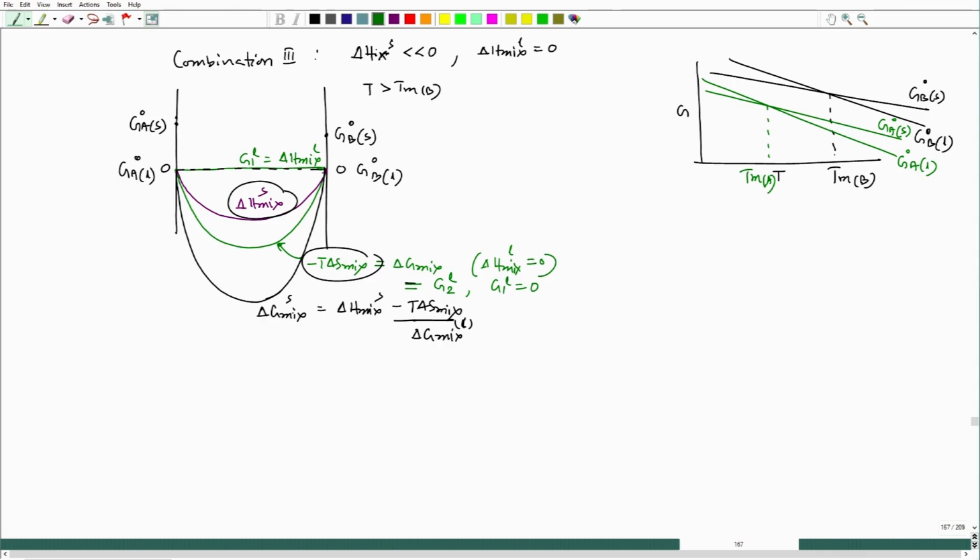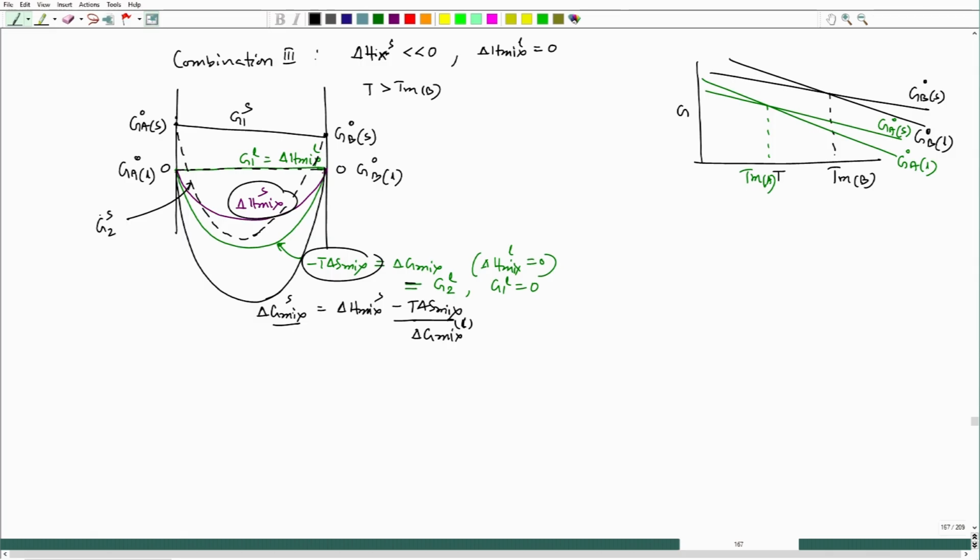Now, G2 solid, we have to consider G1 solid now. So, G1 solid is here, this is G1 solid. So, now I have to just take this delta G mix, we have to just add to G1 of solid. So, if we add and if we draw it with a dotted line, this dotted one is nothing but G2 solid.